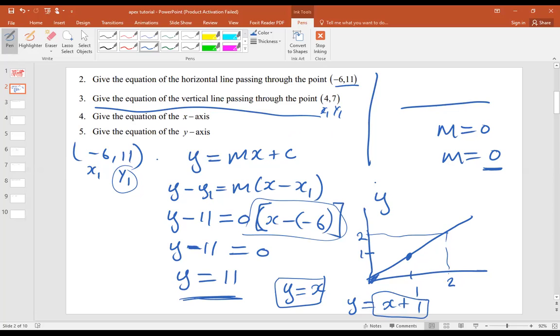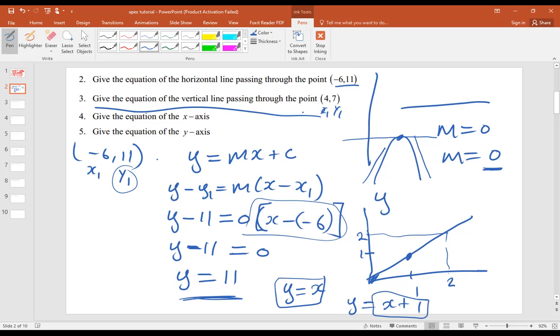Same applies to a curve at its turning point. At this point of the curve, the gradient is always equal to 0, because the line is neither increasing nor decreasing in gradient, but it's a straight line at that point. So that's what you should know. The horizontal line has the gradient equal to 0.